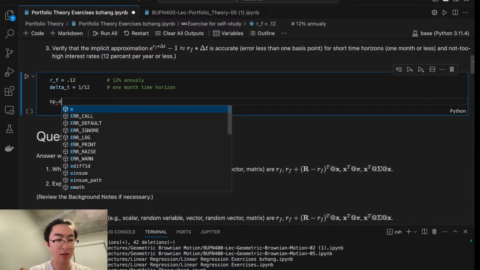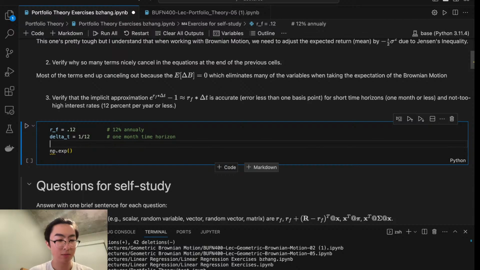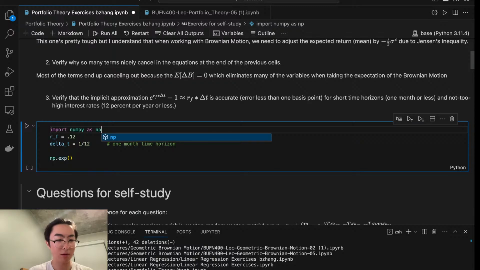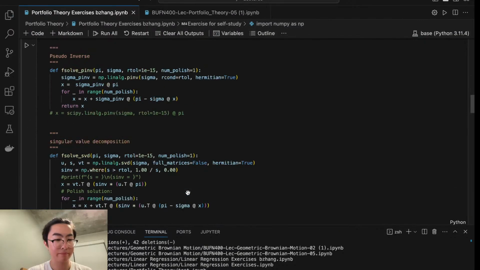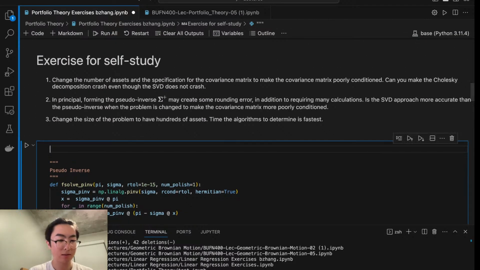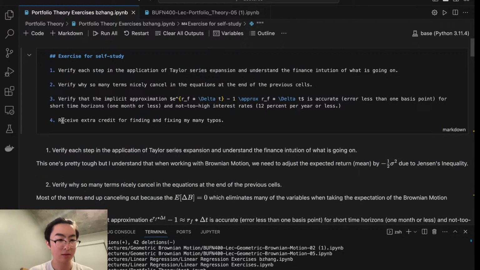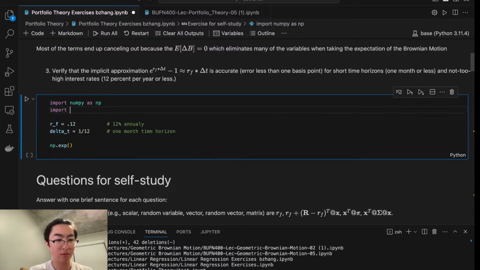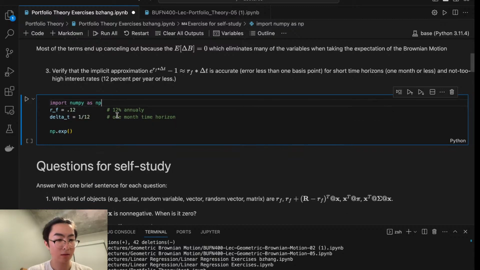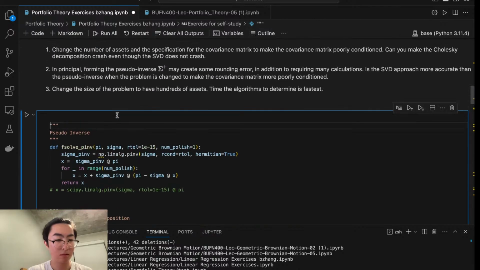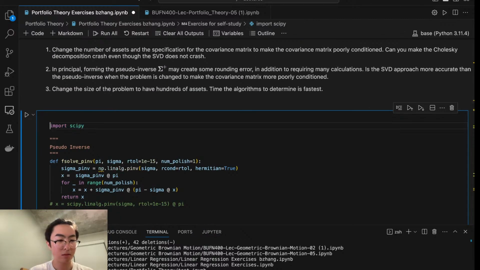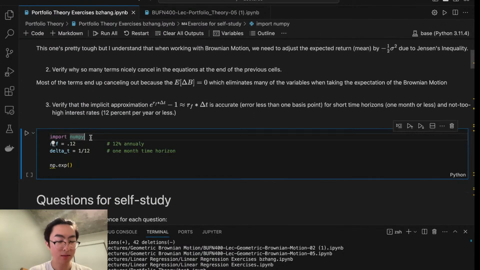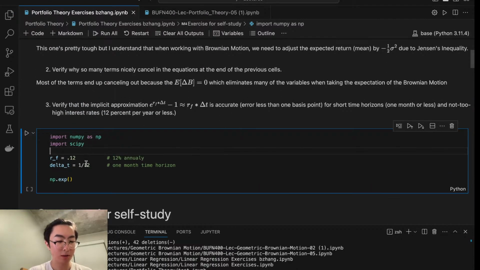Then we do np dot exponentiates. Import numpy as np. Okay. Let me import scipy. Okay.